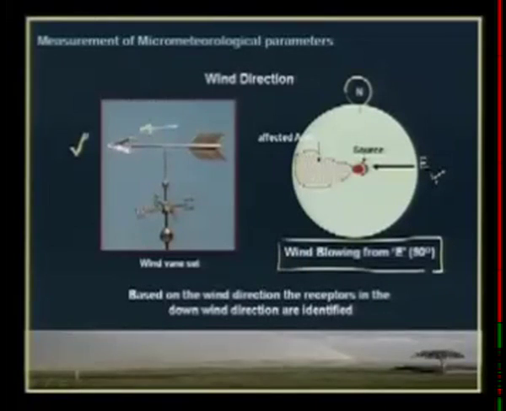The direction from where the wind is coming is taken as the wind direction. For example, in this figure you say wind direction is east, right? It means wind is coming from the east. We can also say, in degrees, that the wind direction is 90 degrees. We will see what 90 degrees really means, but this concept is important: wind direction refers to the direction from which the wind is coming.